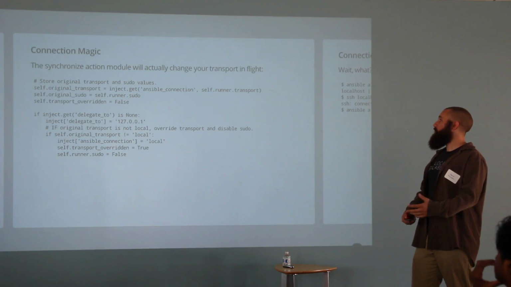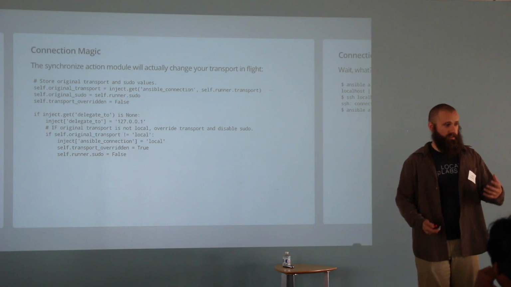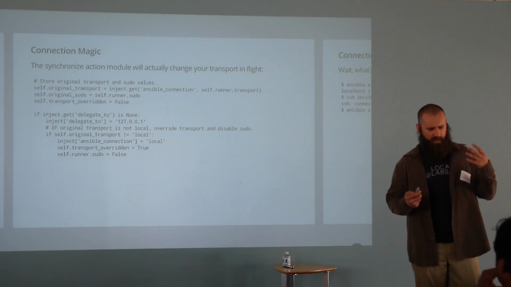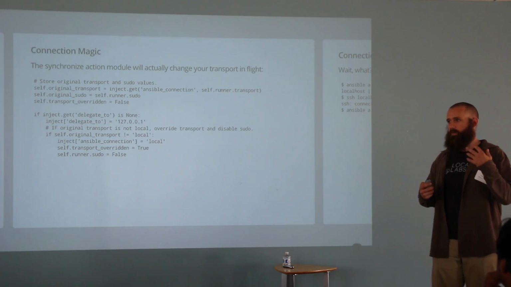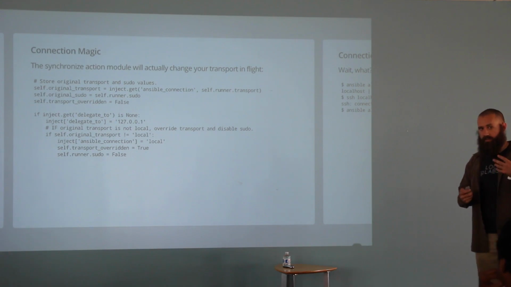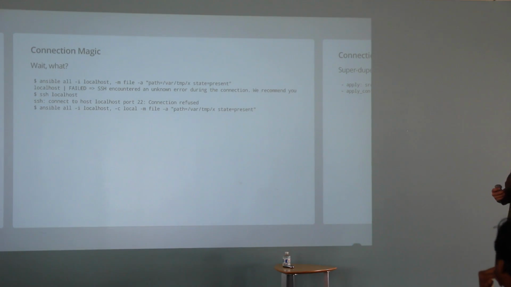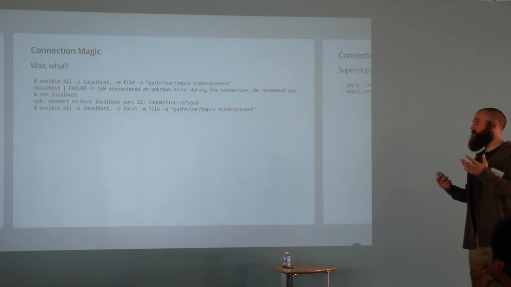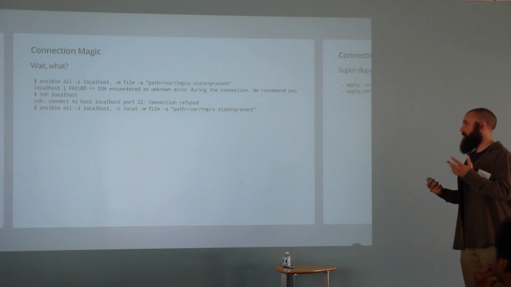You can also do terrifying connection magic with action plugins. If you're really going to write something super complicated and super involved, this is actually sort of usually the reason why you want to do this.